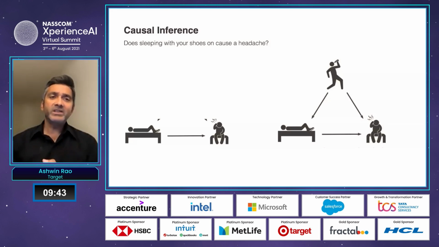Let me explain this with a classical example. We've observed that people who've slept with their shoes on wake up with a headache. Correlation-based technology like today's neural networks might end up concluding that somehow shoes are to blame for these headaches. But if I present you with this information, you will be quick to tell me that the people who've been sleeping with their shoes on were likely stone drunk and hence woke up with a hangover.